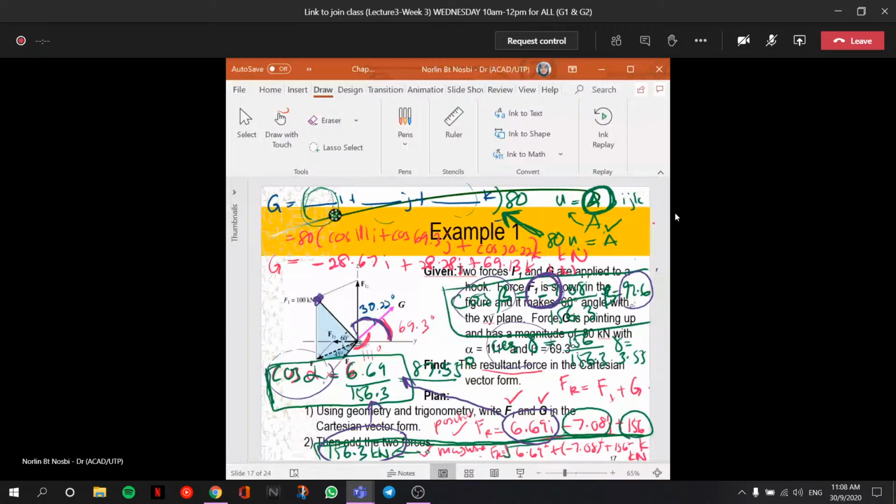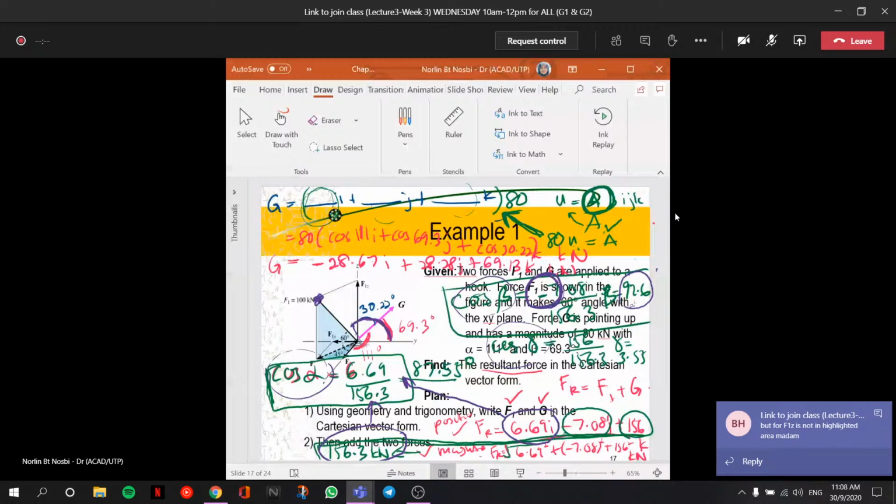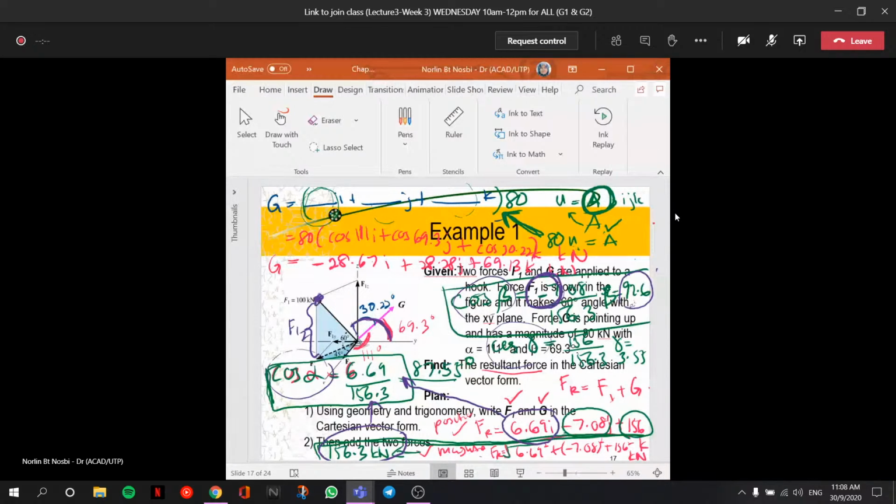You need to find the F1x and then F1y, so you have to use the trigonometry rule. Is it clear? Okay, for F1z, it is at this point. Is it clear?